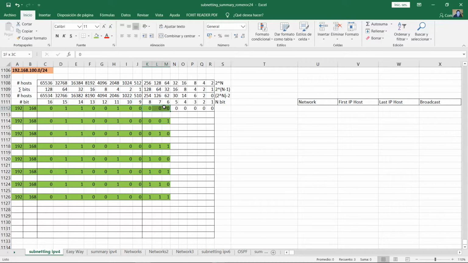This is 0 in binary, 1 in binary, 2, 3, 4, 5, 6, and 7 in binary. From 0 to 7, 8 subnets, and fill the remaining spaces with zeros.